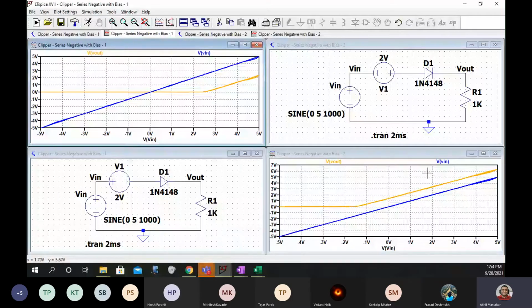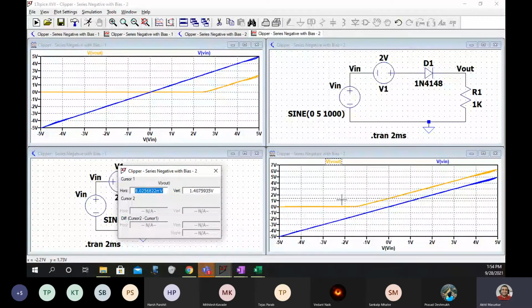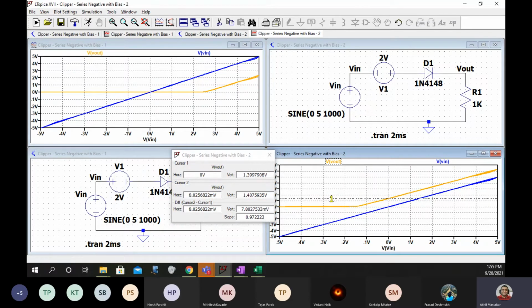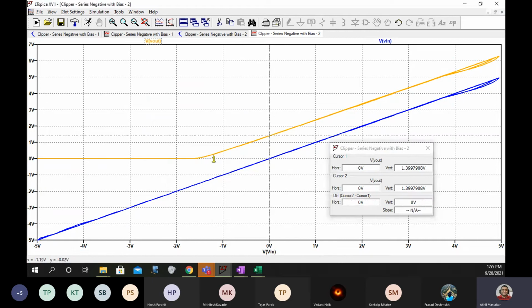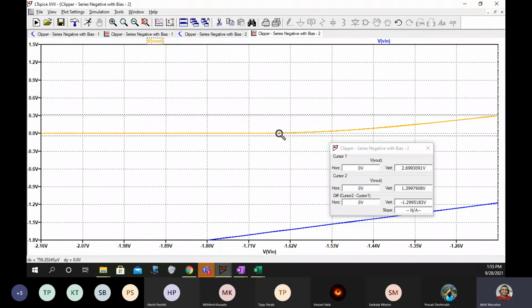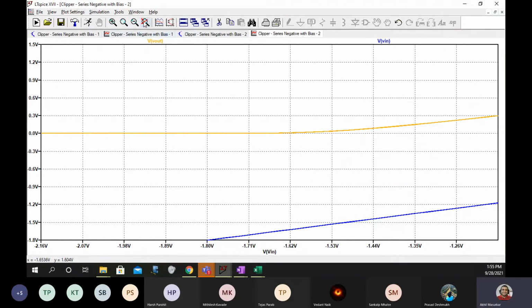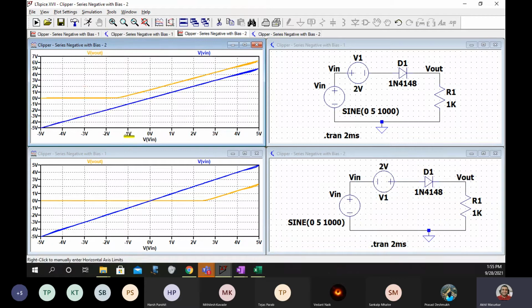So you should be able to observe that if I just click on V out, this V out axis, and if I move this point, this point here is minus 1, this is 0.2, so this is around minus 1.3.